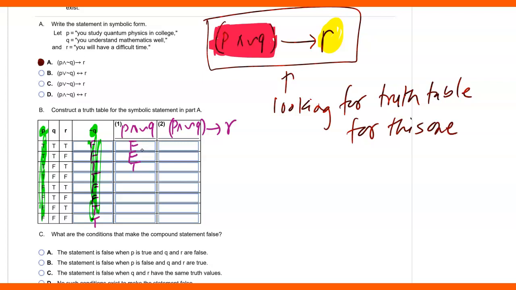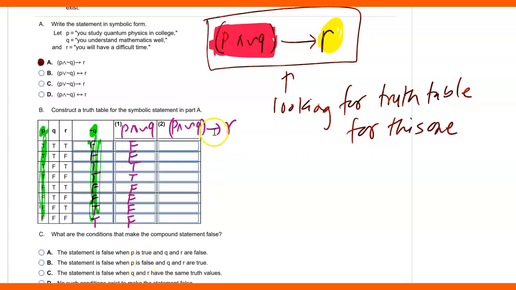You can just keep on writing here. This is T, this is F, F, F, F. As long as one of them is F, it's going to be F definitely. But T and T is T, T and T is T. Other than that, it's F every time.